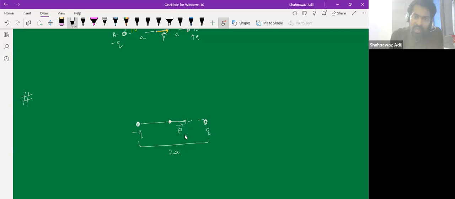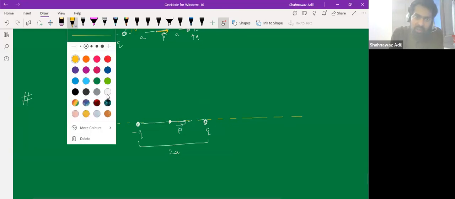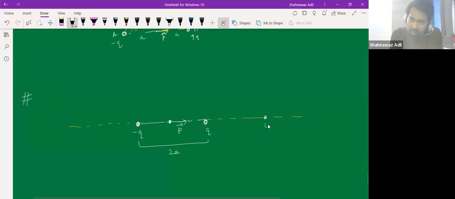First we calculated the electric field at this point, which we called the axial point. And what was the direction of the electric field? The direction of the electric field was this direction, same as the dipole.